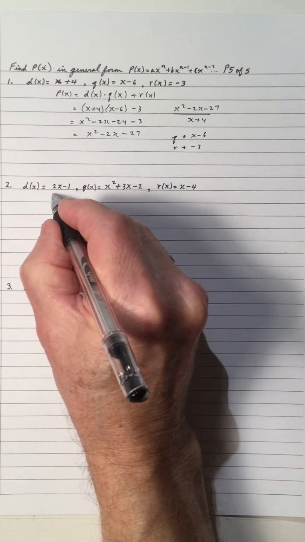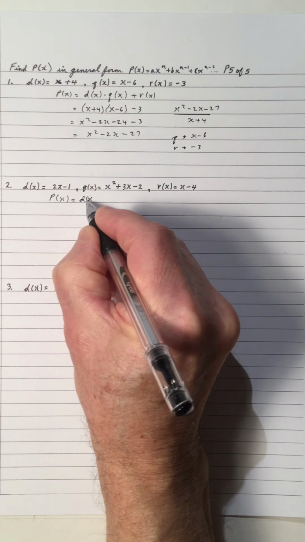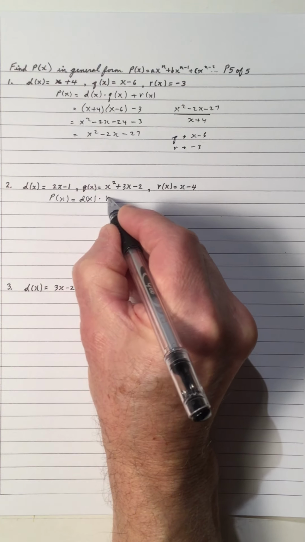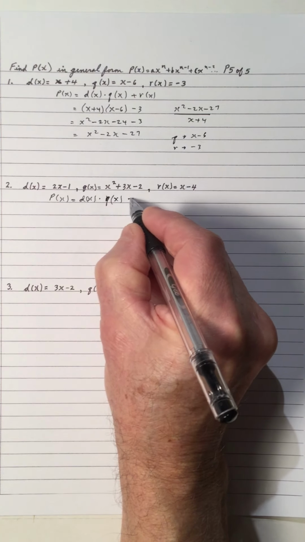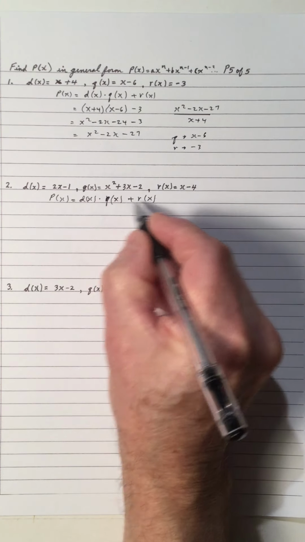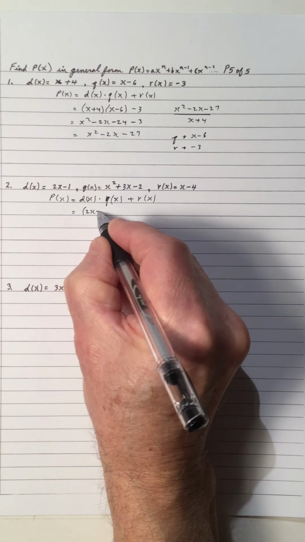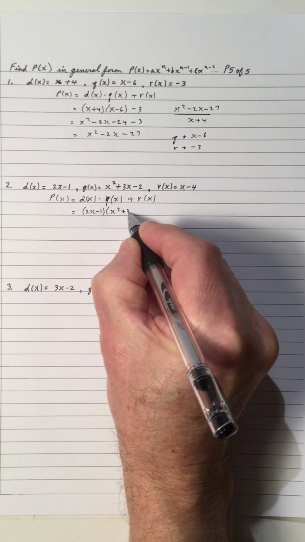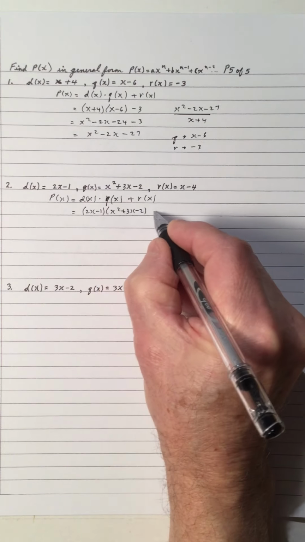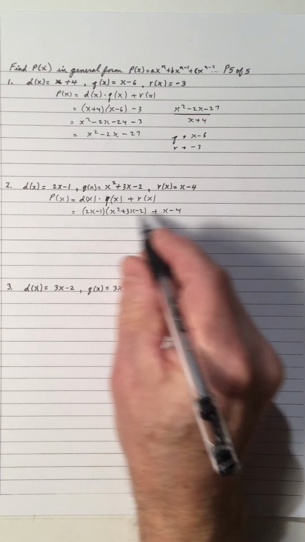Let's try another one. The p of x is made up of the d of x times the q of x plus the remainder. The d of x is 2x minus 1. The q of x is x squared plus 3x minus 2. And the remainder is x minus 4.